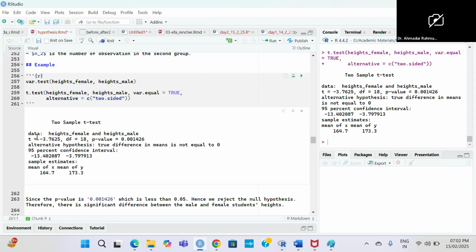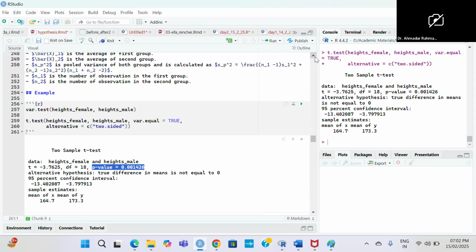When we run this command, we see that the p value is 0.001426. So on the basis of this value, please tell me whether we have to reject or accept the null hypothesis and what our conclusion will be.